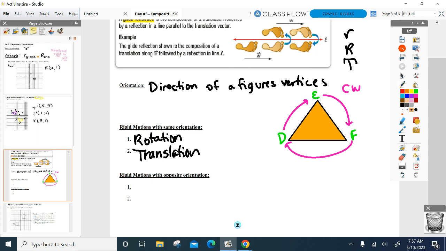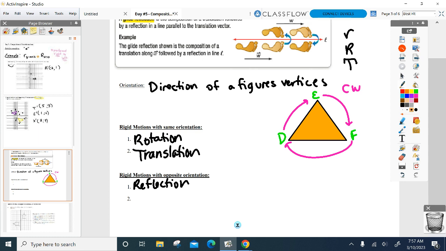Opposite orientation now. So now I'm going to perform it, and now it's going to go counterclockwise DEF. So what could I do to a figure where now the order of the letters goes opposite of where it started from? And I know, process of elimination, what are you just going to tell me? Reflection, right? You flip a figure over. Reflection.